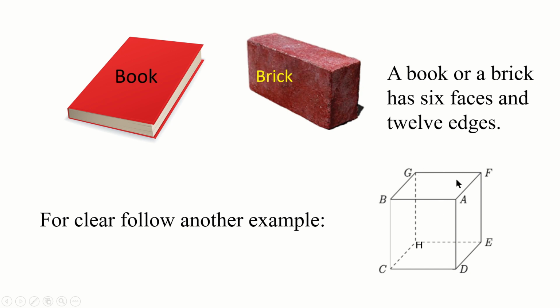Sorry, top face and bottom face: C, H, H, E, E, D and D, C. 4 in total is 4 and 4, 8, and another one, another one, another one, another one. That means here is 1, 2, 3, 4 and the edges of the top face 4 and edges of the bottom face 4. That means total 12. Clear?